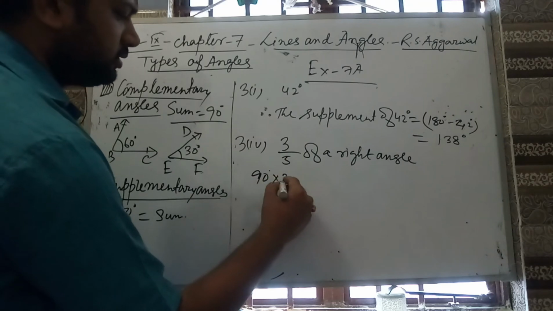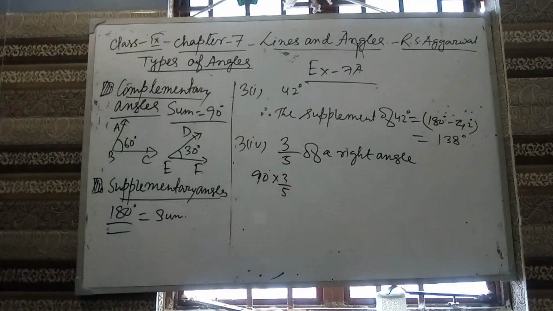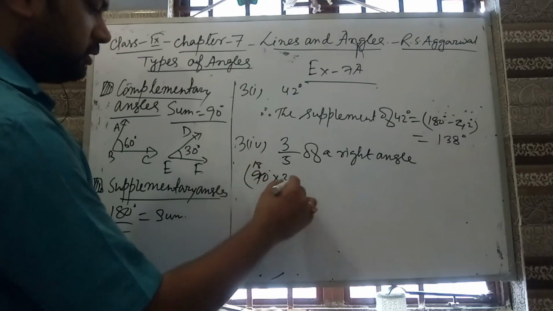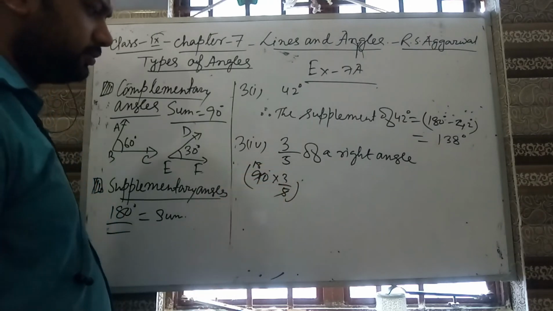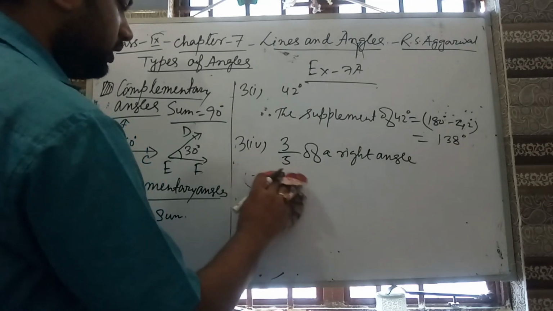So 3/5 means into 3/5. So calculate it. You will get 18. So 18 into 3, 54. So calculate it fast.